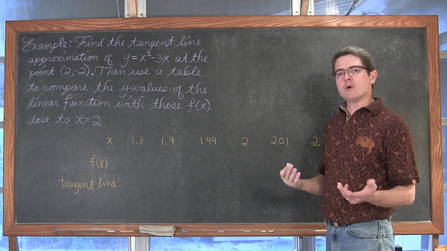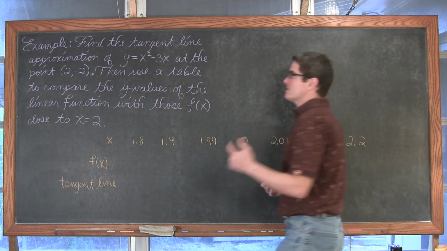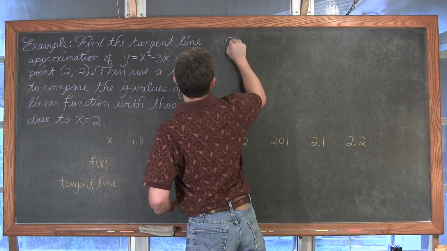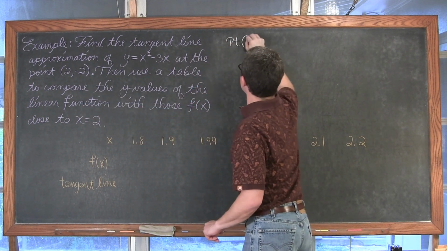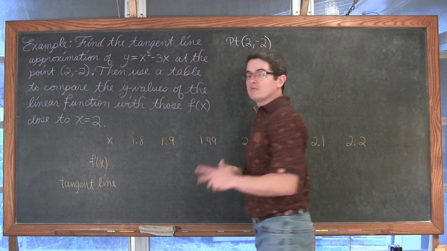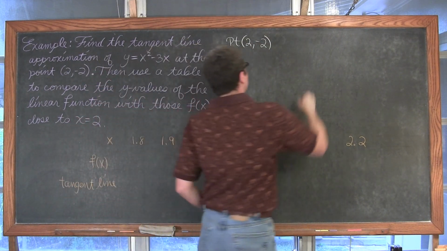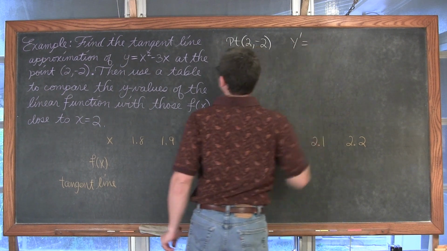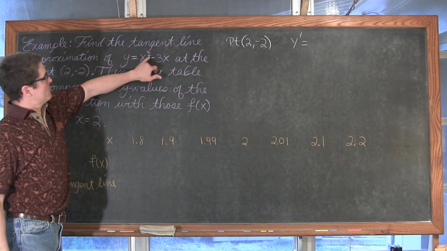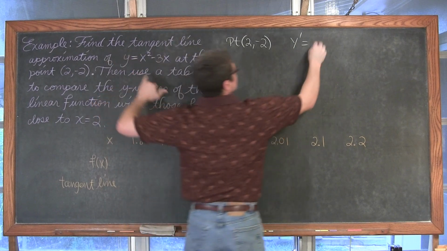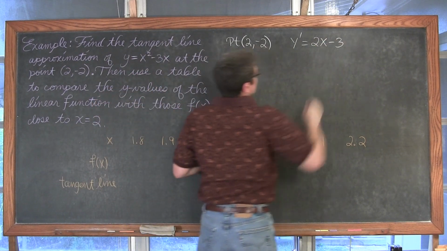So what do you need to write the equation of a line? Of course, you need a point and a slope. Now we have the point, which is (2, -2). What we need is slope, and of course, that means we need the first derivative. So y prime, or f prime of x, is going to be equal to 2x minus 3.